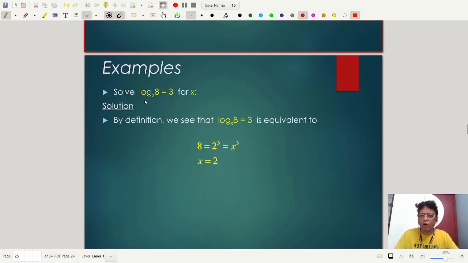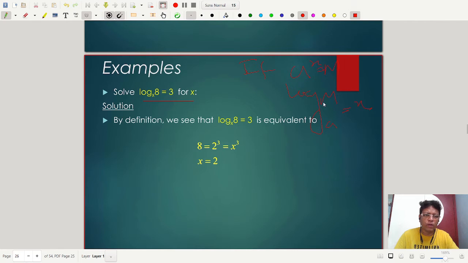And let's solve for log 8 base x equal to 3. This is very simple. So what can you write from the definition? Recall the definition: if a to the power x is m, then log m base a equals x.